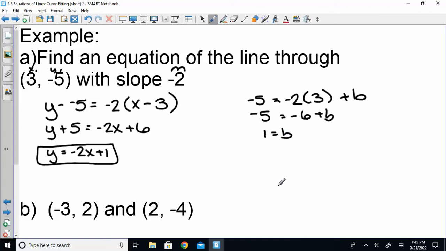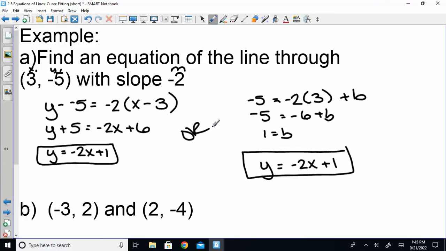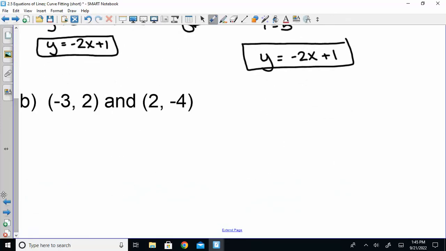Add my 6 over and I get b equals 1. So your equation is y equals m, which was negative 2, times x plus b, which is 1. So two options. Point-slope formula maybe saves us a step, but it's really not a big deal. So what do you guys prefer? Does anyone use point-slope formula? A couple people. So you're welcome to use whichever.